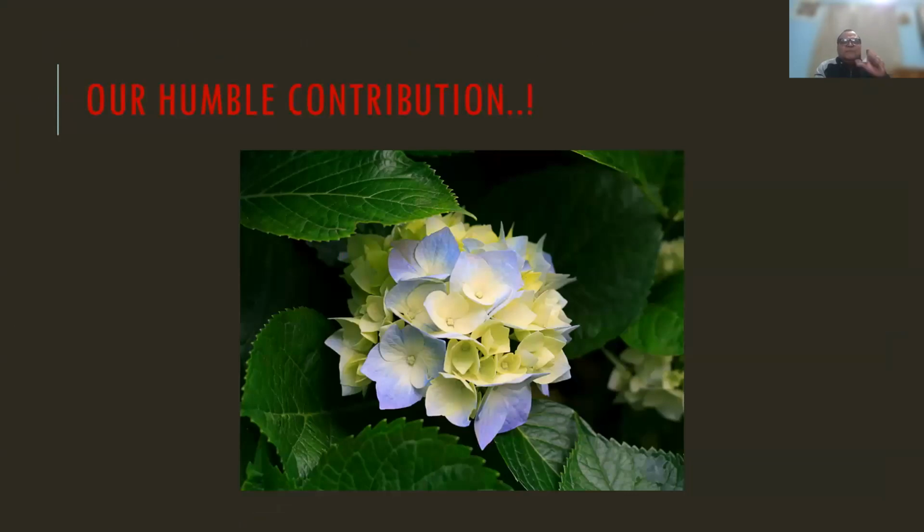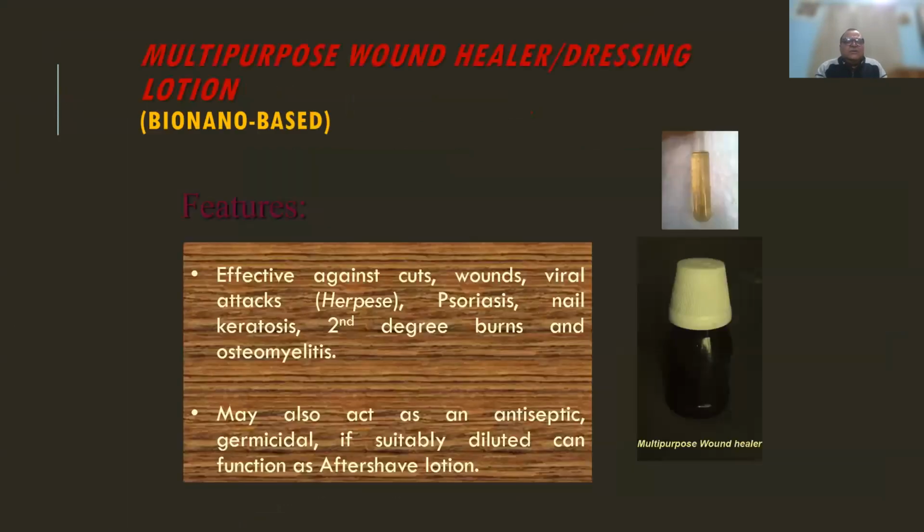So I come to very, very basic: what can be done, not only materials, can we do something about whatever we are making? So we have a multi-purpose wound healer dressing lotion that is bio-nano based, and it is effective against cuts, wounds, viral attacks, that is herpes, psoriasis, nail keratosis, second degree burns, and osteomyelitis.